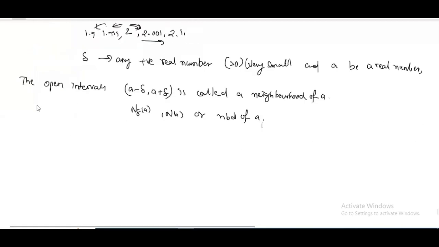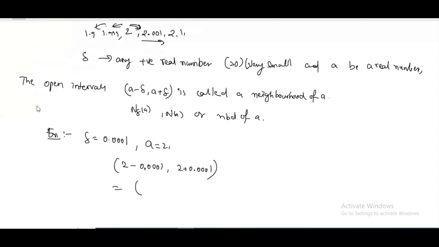Let me take a very simple example: delta is 0.0001 and a is 2. Then the interval (2 minus 0.0001, 2 plus 0.0001) is called the neighborhood. 2 minus 0.0001 gives approximately 1.9999, and the other end is 2.0001.